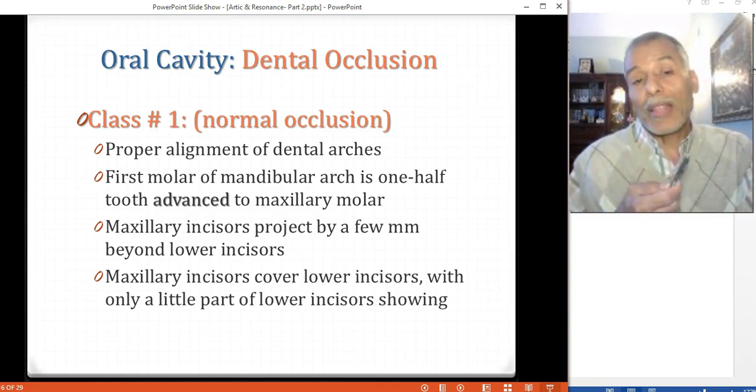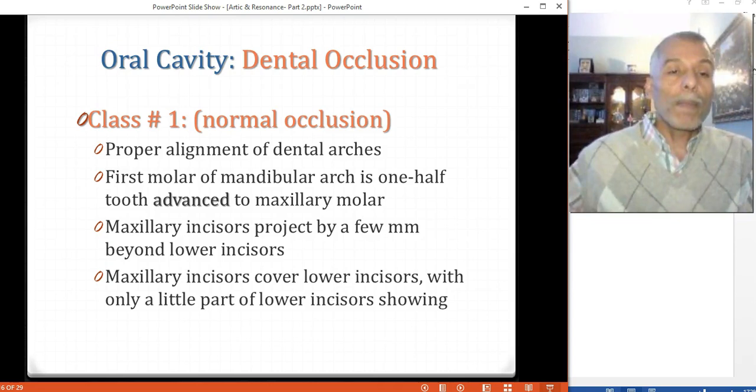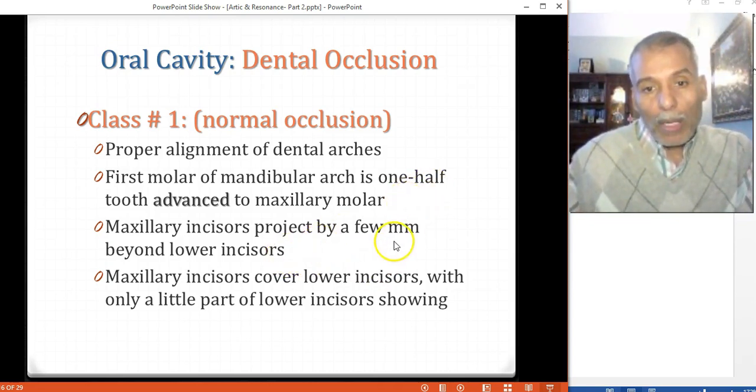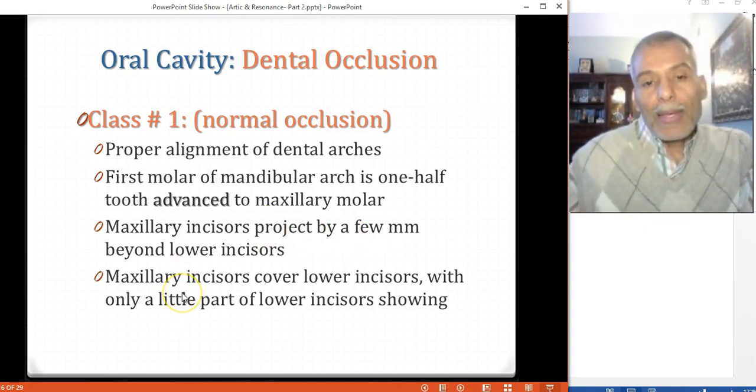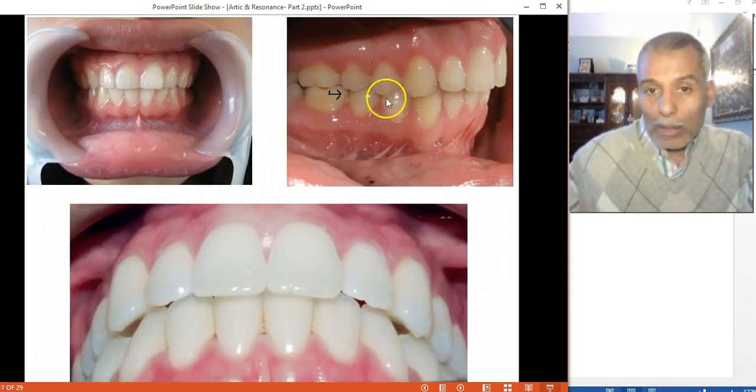If it is bigger than that, then there's a problem. So it's only a few millimeters in between. And then the other one is that the maxillary incisors cover the lower incisors with only a little part of the lower incisors showing. And again, all of this applies to these arches here.